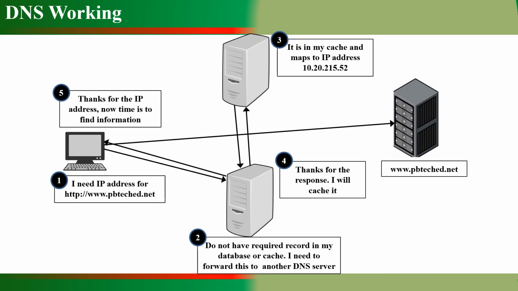Then the requesting DNS server will cache it and forward the IP address to the required system, which can exchange information with the server hosting the website www.pbtech.net. In this way, systems can communicate with each other by finding the IP address of the website.